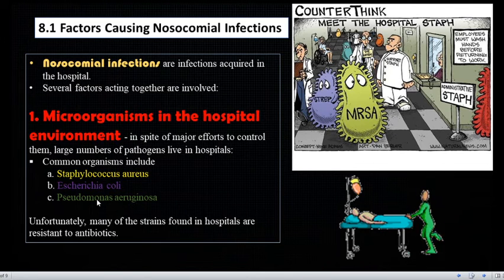Okay? And another factor to be included is most of the pathogenic microorganisms that can be found inside your hospitals are actually only infecting weakened patients. Okay? The nosocomial infections that originate from the hospital do not cause disease to healthy individuals.